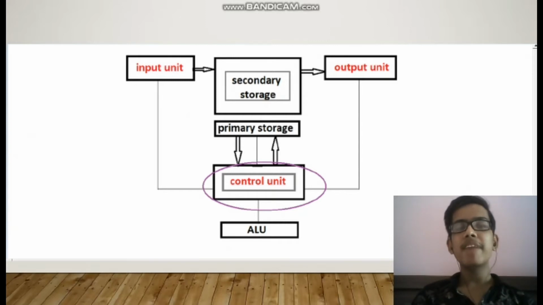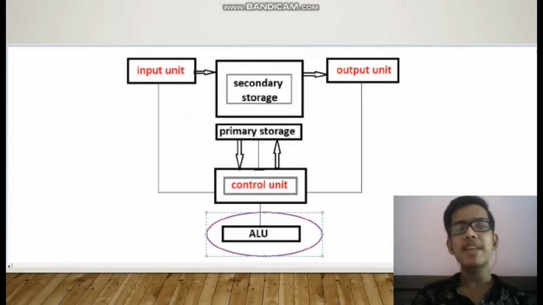It only manages and coordinates the operations. ALU means arithmetic logic unit. It does calculation and comparison of major problems. So this is the brief introduction of all of these components. Now we will see all these topics in depth.